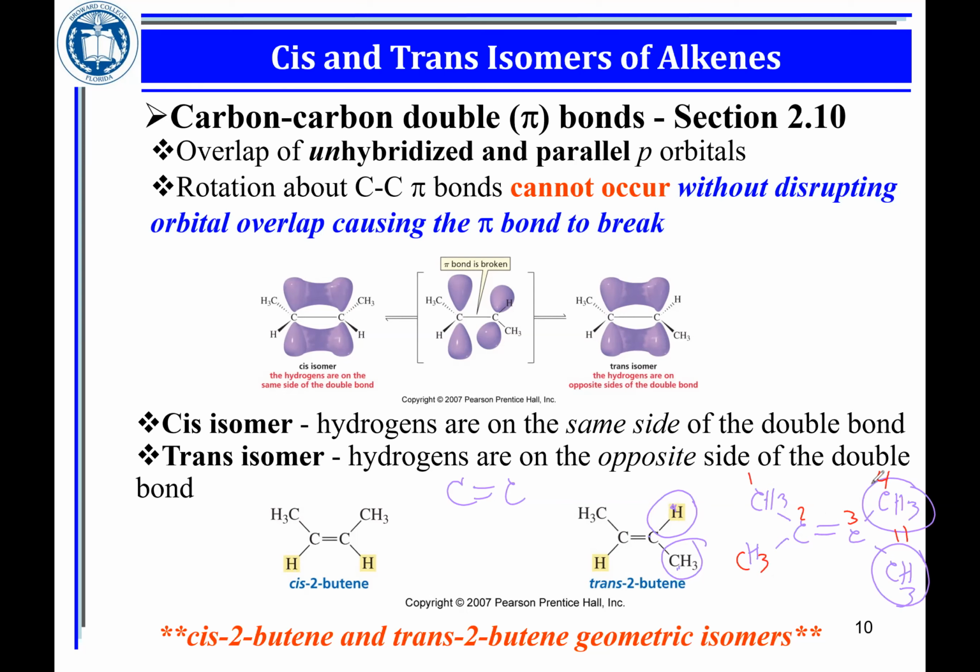You might get a question like, which of these molecules cannot have E or Z or cis and trans? If you see two groups are identical, it's not going to have E or Z or cis and trans, because if you flip this, the name doesn't change, the structure doesn't change.